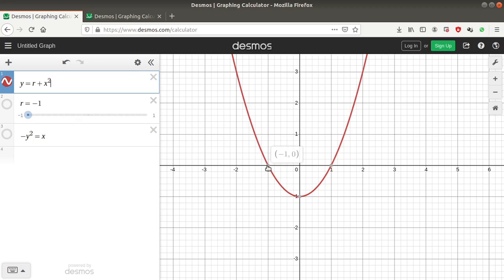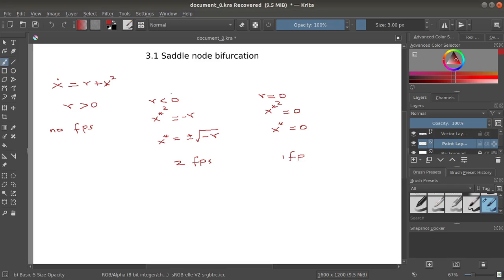One is minus 1 and another solution is x is equal to 1. So when r is negative, we have two solutions, plus or minus root of minus r, where for this case r is equal to minus 1, so root 1 is just 1, so plus or minus 1 is the solution.